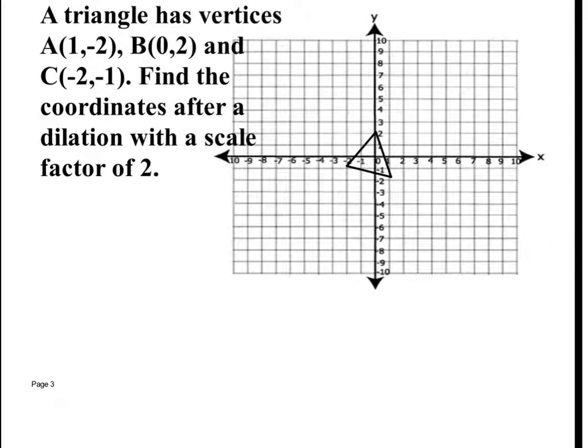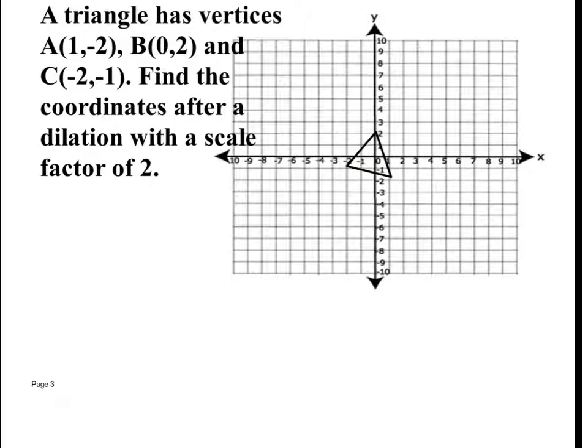Alright, this one, you might see something like this, where it says a triangle has vertices, which just means the edges, the corners, has the vertices A at 1, -2, B at 0, 2, and C at -2, -1. Find the coordinates after a dilation with a scale factor of 2. So this is what you see on your homework. What you need to do is graph the original and the image, the new one, on the graph papers in your homework.